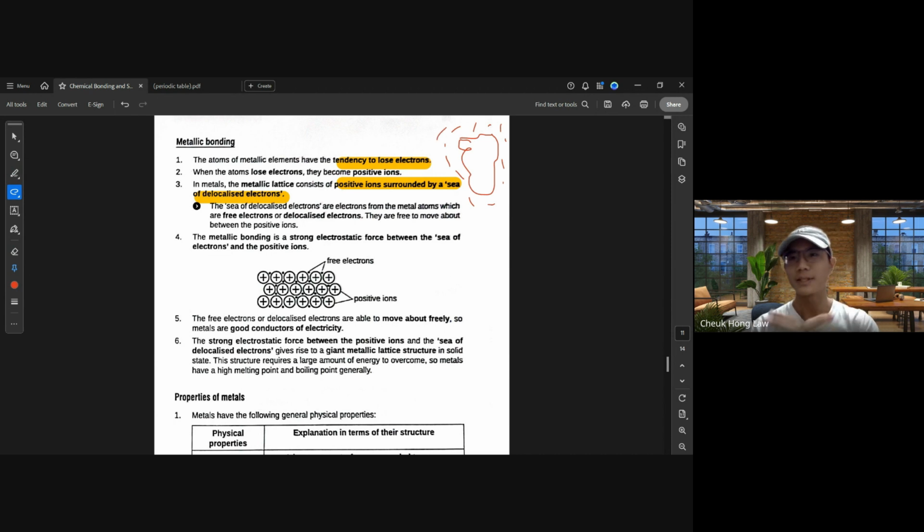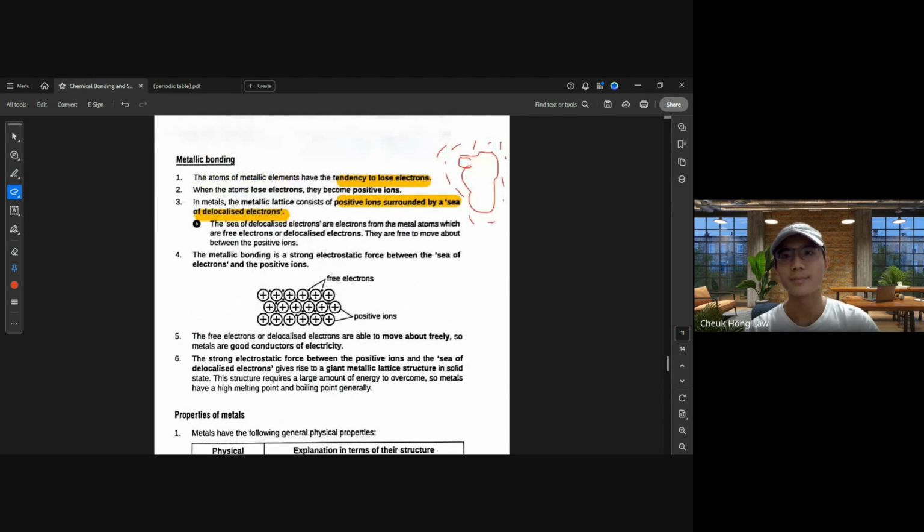The honeycomb is basically your positive ions. It's stuck there. And then the bees surrounding the honeycomb are the sea of delocalized electrons. So the bees over here are your electrons, and the middle here is your positive ions. That is basically the structure of the bonding of metals.